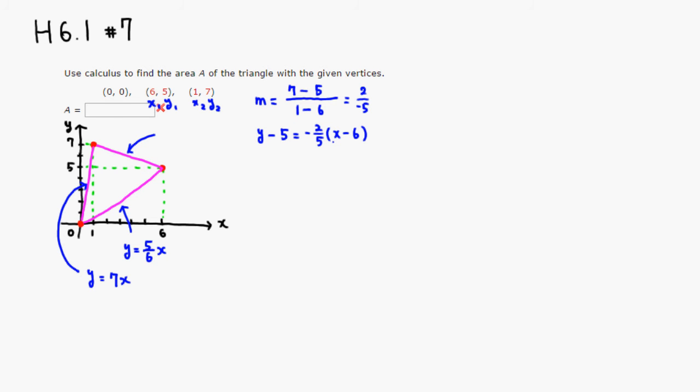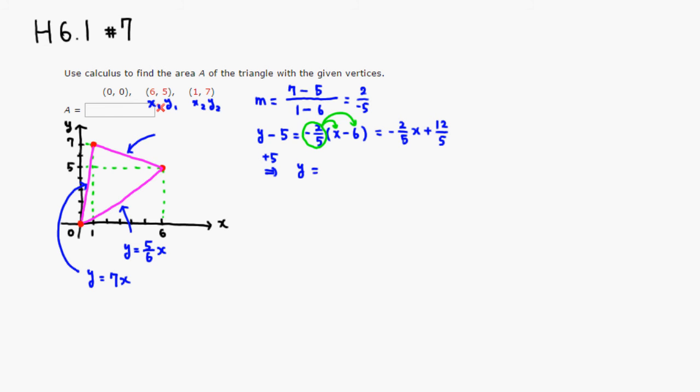If you want, you can simplify it. I'm going to distribute this negative 2/5 to each term. So we have negative 2/5 x, and negative times negative is positive, and 6 times 2 is 12 over 5. Then we can add 5 to both sides of the equation so that we can get rid of that negative 5.